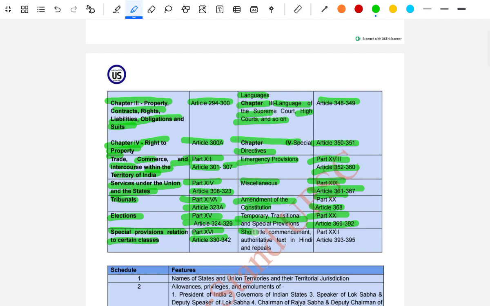A short title, commencement, and the authoritative text in Hindi and the repeals, Part 22, Article 393 to 395.